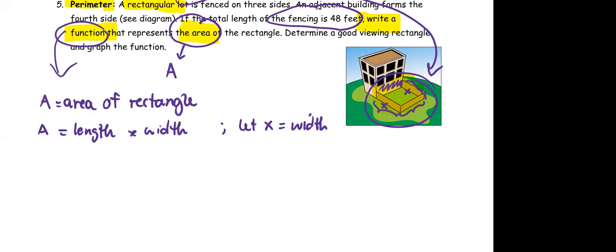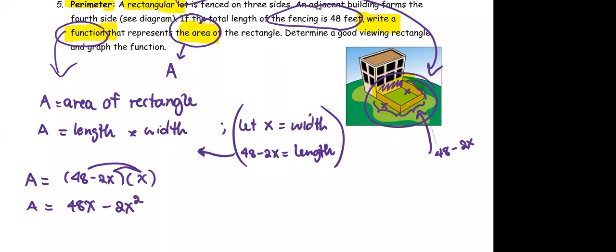That tells you the rest of them here must be the rest of the 48. It's going to be 48 minus 2 x's. Are you with me? Yeah. So I'm going to put on the note here: 48 minus 2x equals the length.